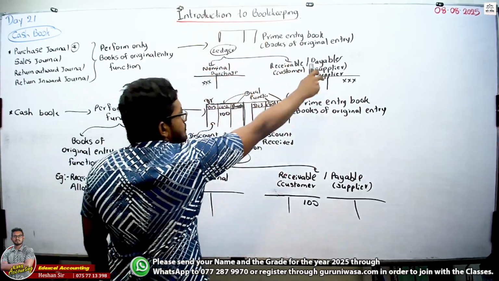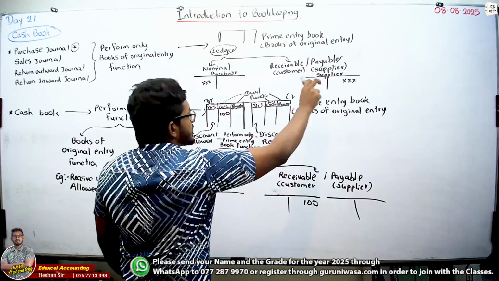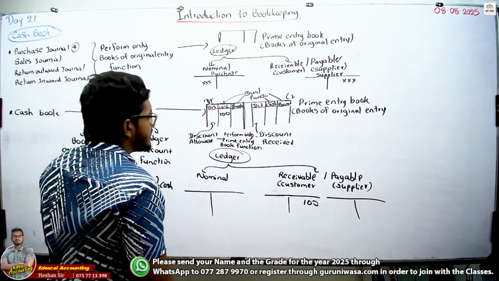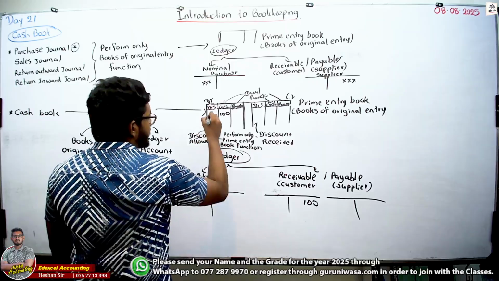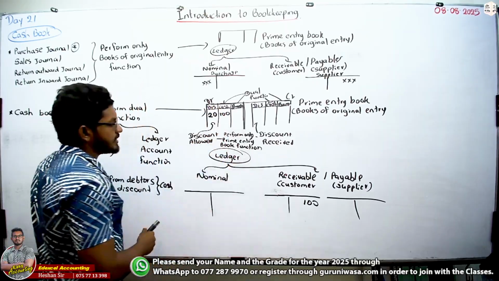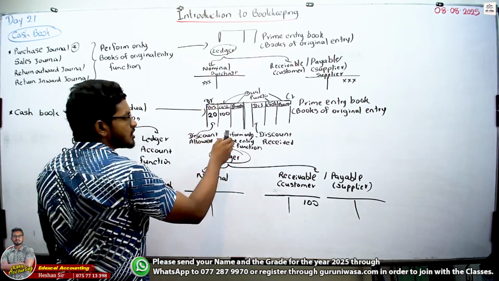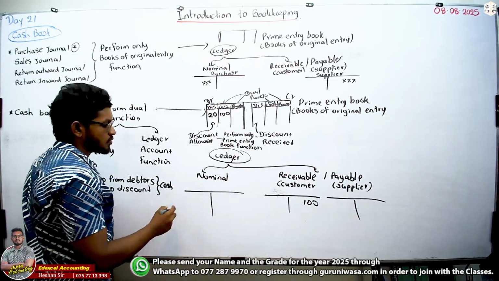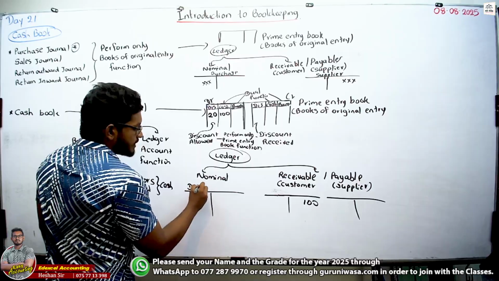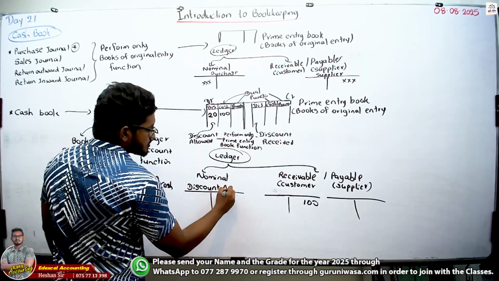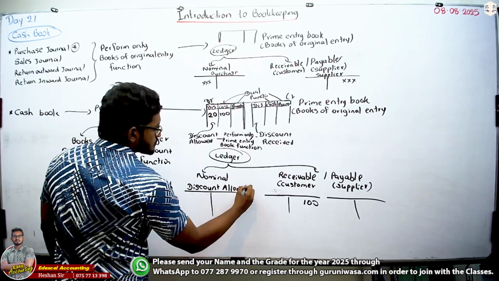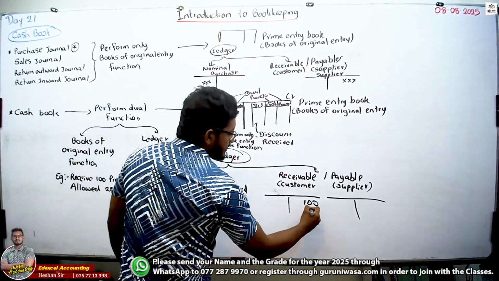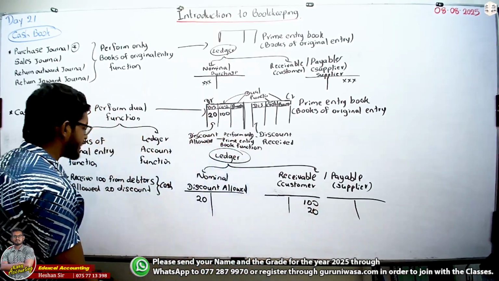We don't need to enter both a debit and a credit entry here. We record only one entry. But when it comes to the discount of 20 that we allow, since this discount column performs only the prime entry function, not the dual function, we open the discount allowed account, 20, and we debit it since it is an expense. We credit the customer.